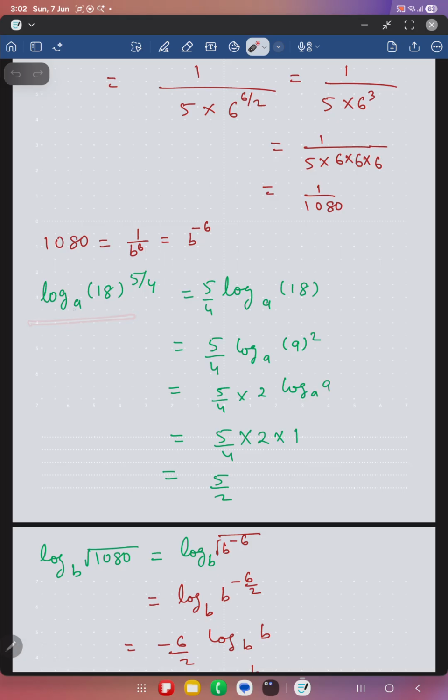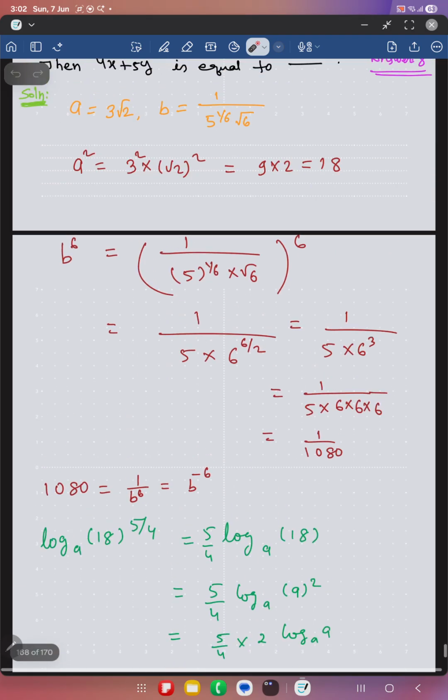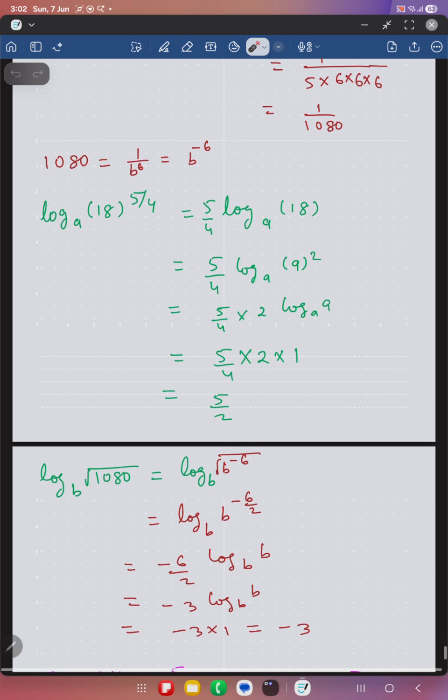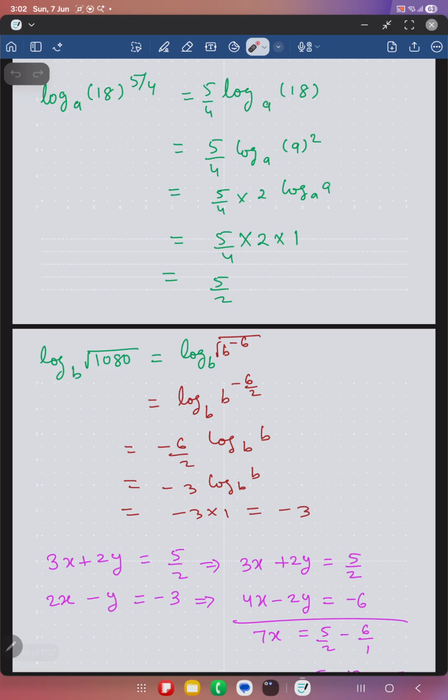Therefore our value log base a of 18 power 5 by 4 will be, by the logarithmic formula, 5 by 4 log a of 18. 18 is nothing but a square, as we just calculated. So we write a square, and again this power comes here. So 5 by 4 into 2 log a base a, and when the base and the argument are the same, its value is 1. So this will cancel out, and you are getting 5 upon 2. Similarly, log b of root 1080.